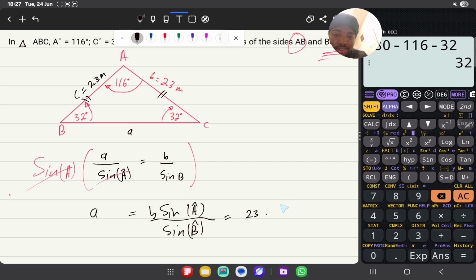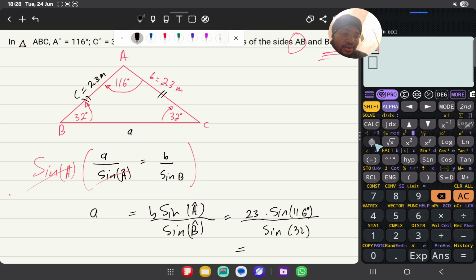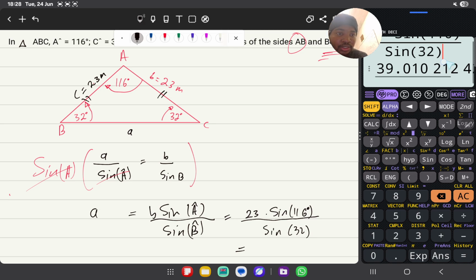So A equals 23 times sine 116 divided by sine 32.